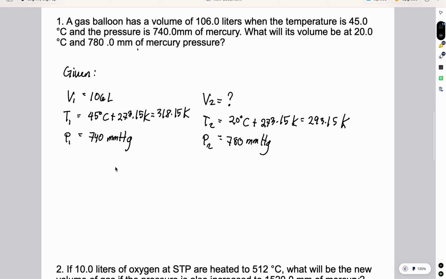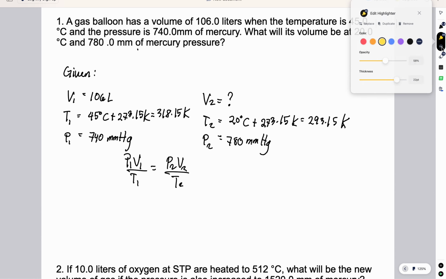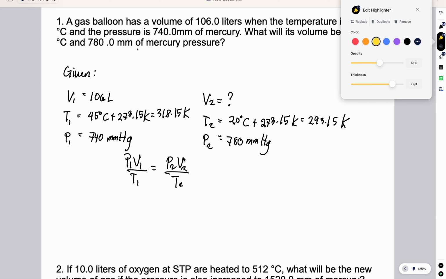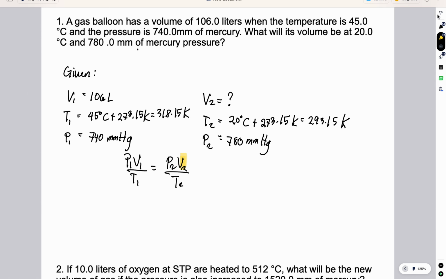So if you recall, the combined gas law is P1V1 over T1 equals P2V2 over T2. And we're looking for V2.